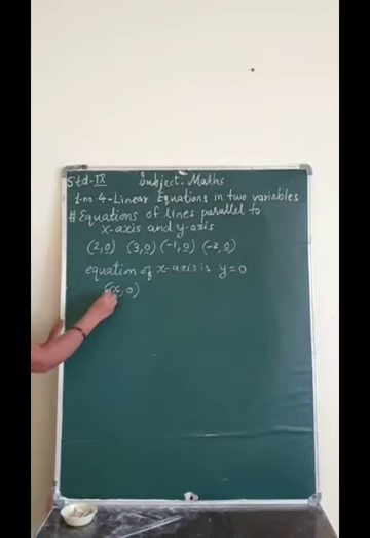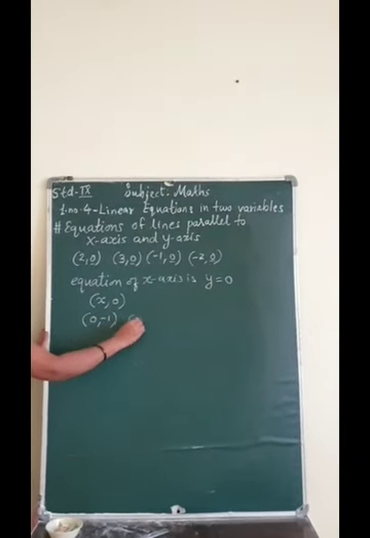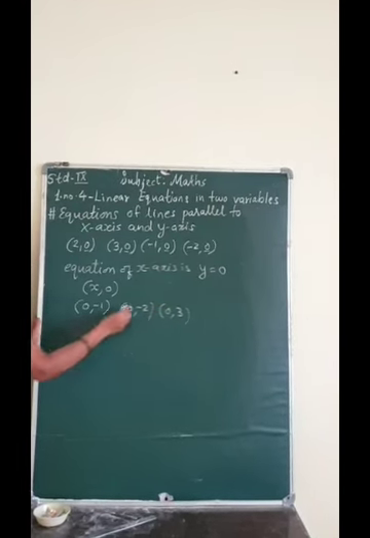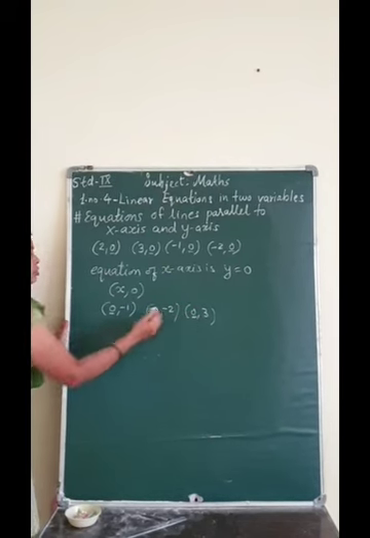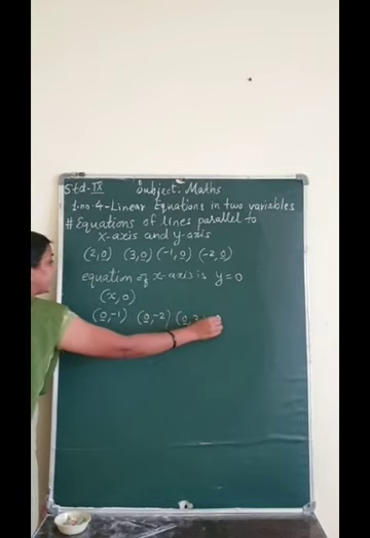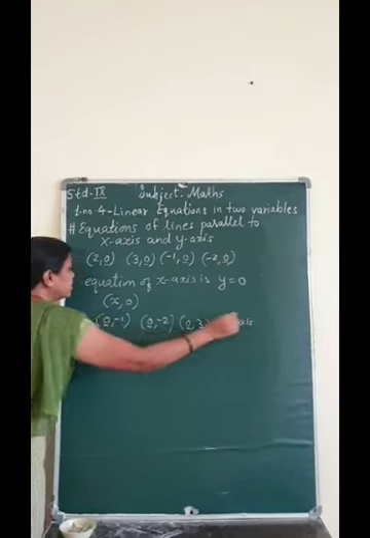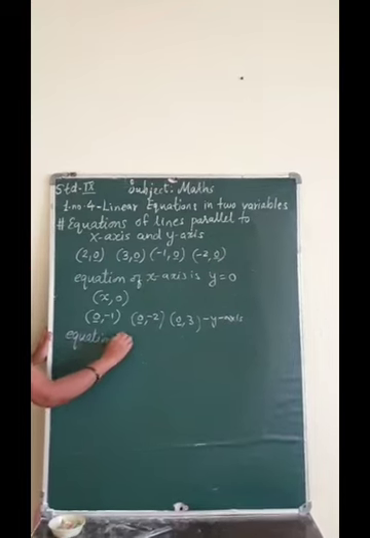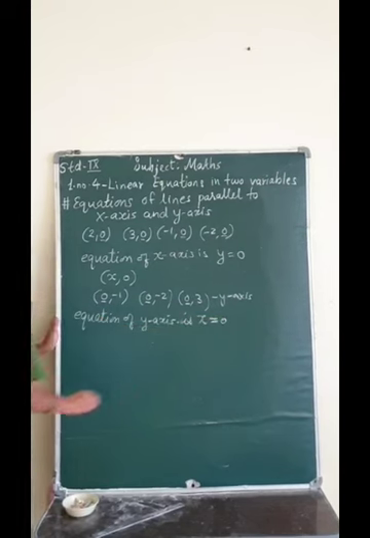Similarly, if we have points like (0, minus 1), (0, minus 2), (0, 3), all these points have x coordinate 0. So all these points lie on the y-axis. Hence, the equation of the y-axis is x is equal to 0.